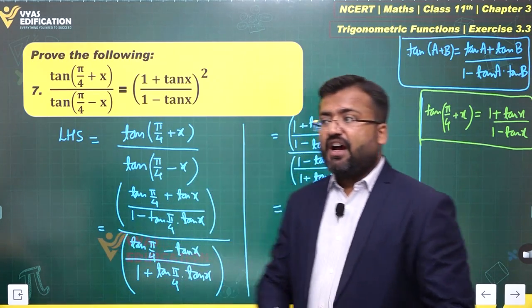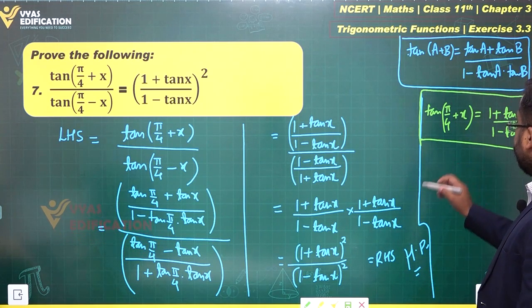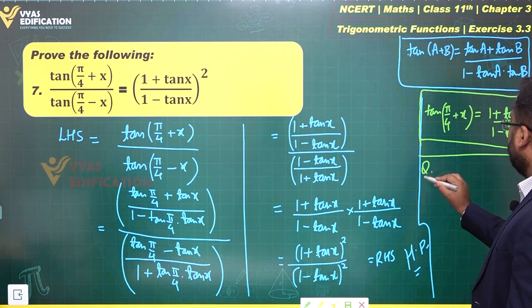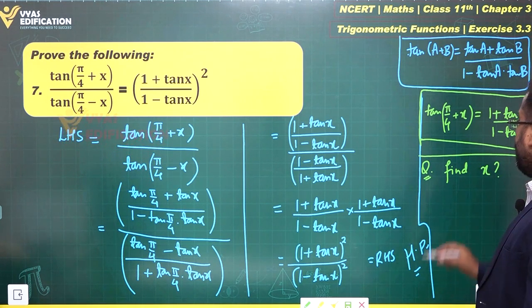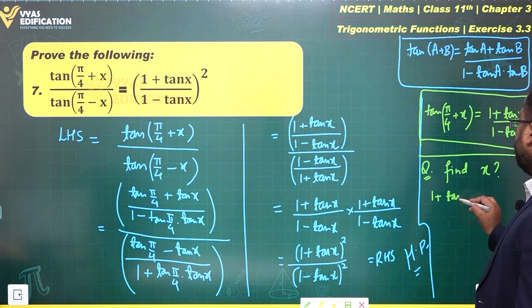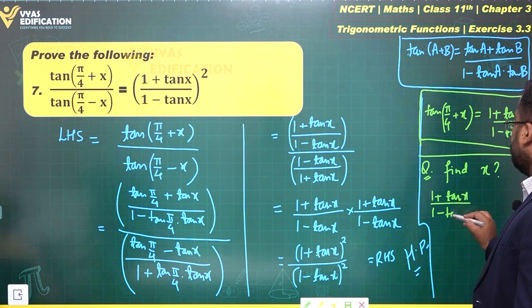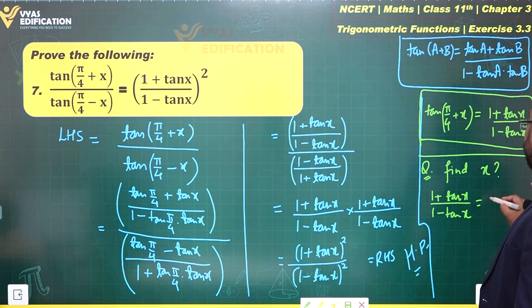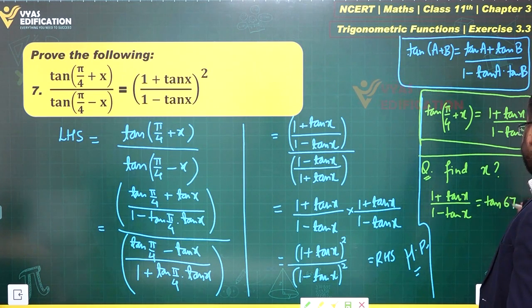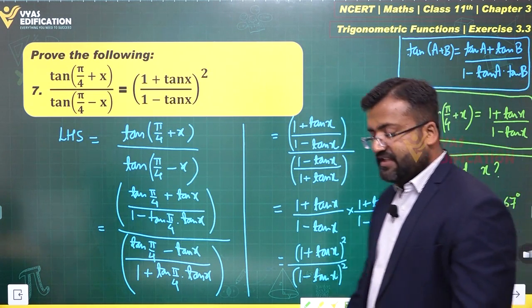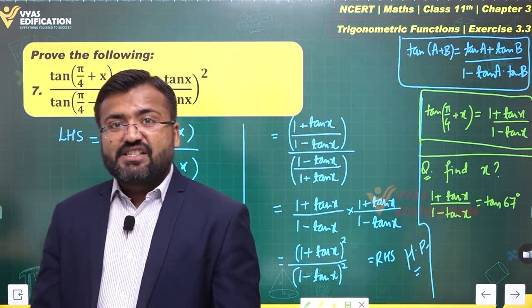For example, if I ask you to find x when 1 plus tan x over 1 minus tan x is equal to tan 67 degree. If this is asked, let us say, can you find the value of x easily?